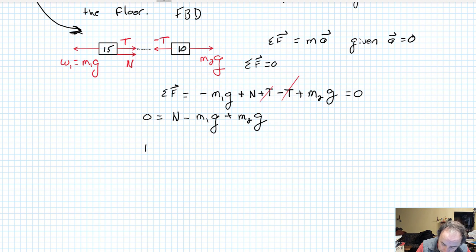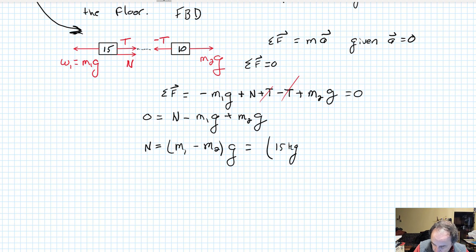So N equals M1 minus M2 times G. And now we can put our numbers in. 15 kilograms minus 10 kilograms times 9.81 meters per second squared. So our normal force is just 49 newtons.